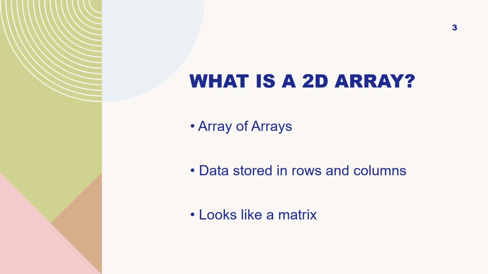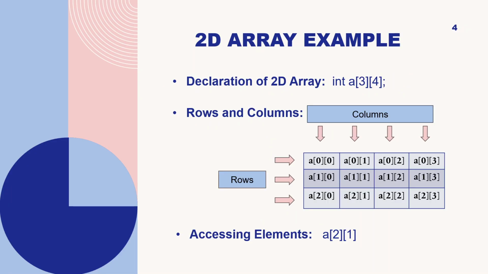Now that we understand what a 2D array is, let's see how we actually declare a 2D array and understand what rows and columns are. Let us see one simple example. First, we declare a 2D array of integers, that means int a[3][4].